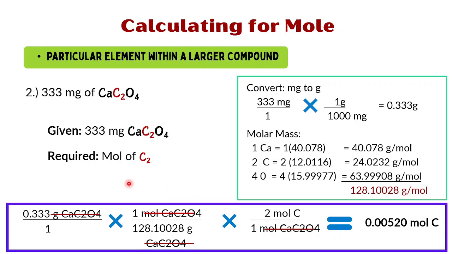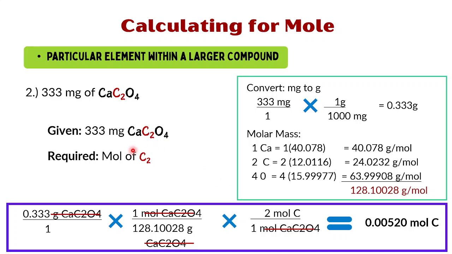Okay, so the same process with the first sample problem, where we went through the ratios, the ratio of the molar mass, and then the ratio of the mole for the element and the compound.